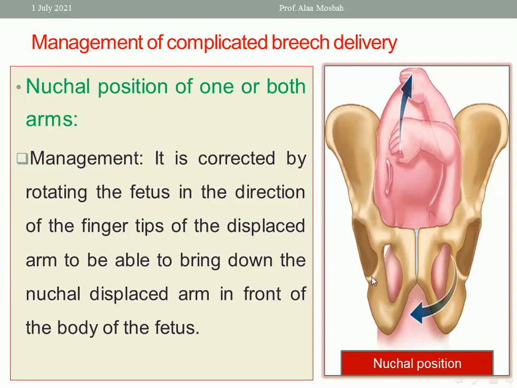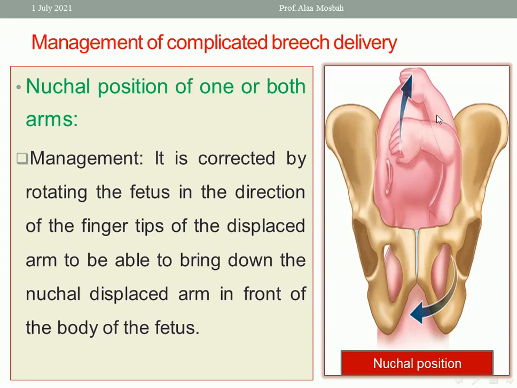When we rotate the trunk in this direction, this arm will change to be here till it becomes anterior in front of the chest of the baby. Then get it down. So the direction of rotation of the trunk will be in the direction of the tip of the fingers of the baby. So in this case, here.